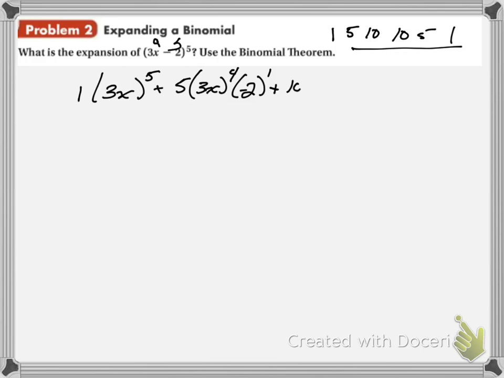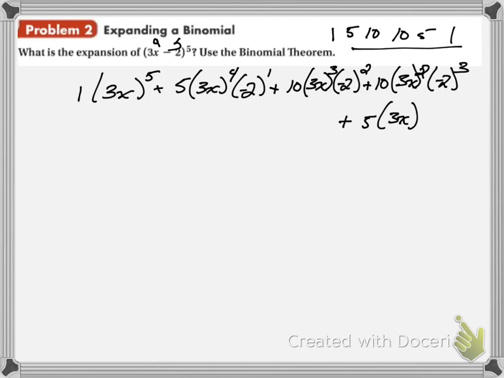And then 10 times 3x to the 3rd times negative 2 squared, plus 10 times 3x squared times negative 2 cubed, plus 5, sorry, I don't mean to go down the next line, but it is what it is, 3x times negative 2 to the 4th, and then plus 1 times negative 2 to the 5th.